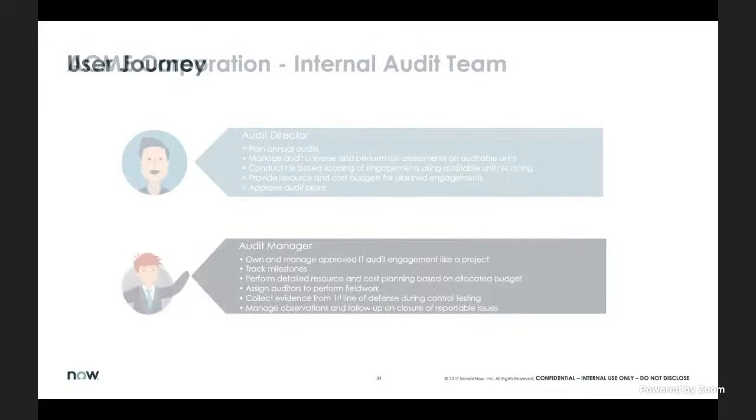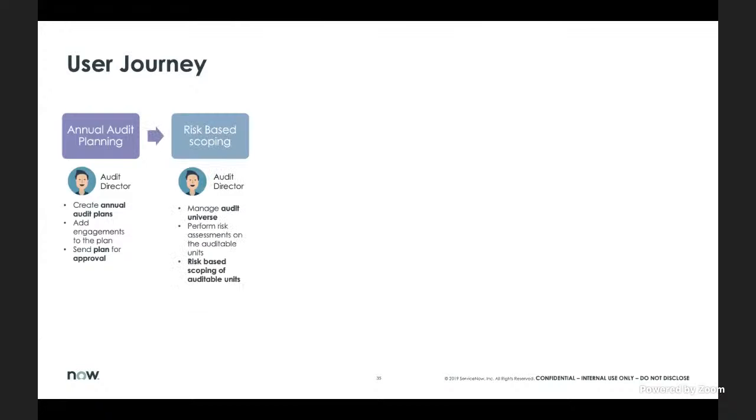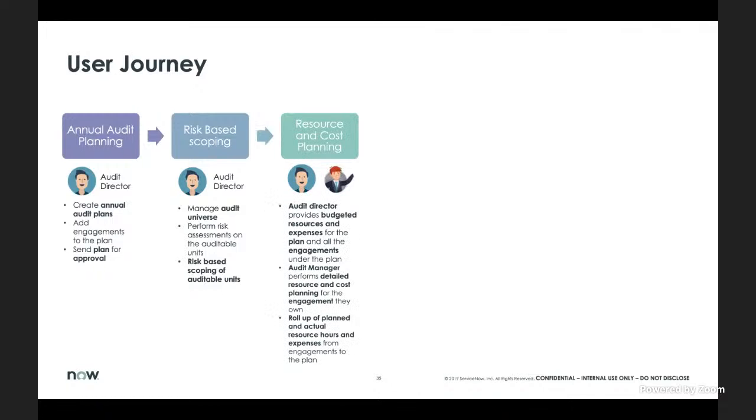So I'm going to take you through the user journey here, which starts with what I just said, with the audit director creating annual plans and requesting approval for the annual plans. Then they're the ones doing the risk-based scoping of the auditable units.